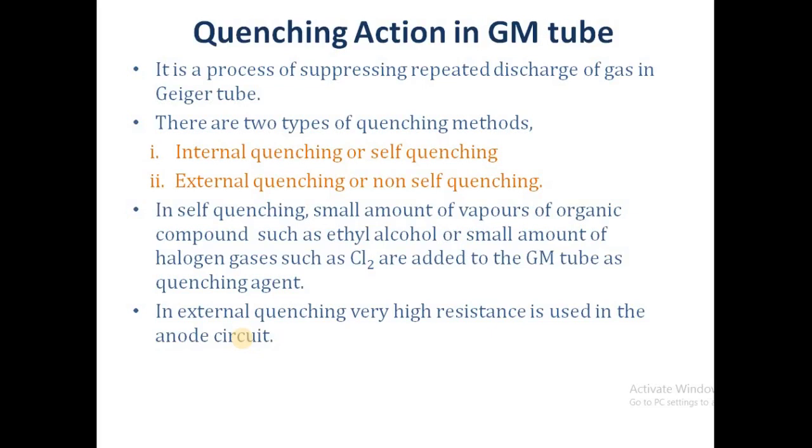Therefore, repeated discharge of the gas takes place in the Geiger tube. This must be suppressed or quenched for the counter to operate properly. The method used to prevent this repeated discharge from taking place in the GM tube is called quenching.